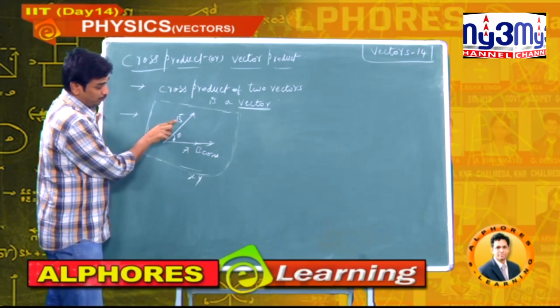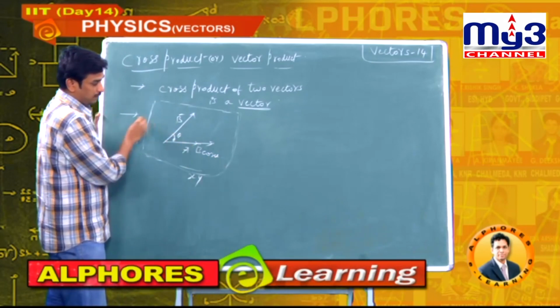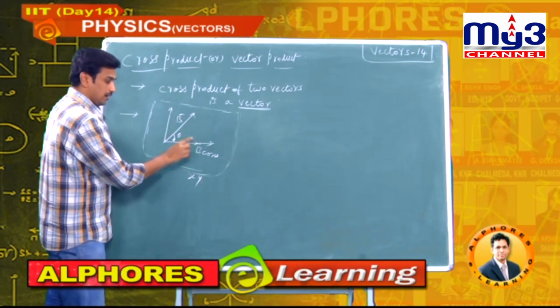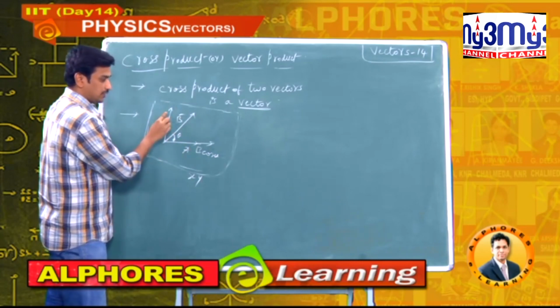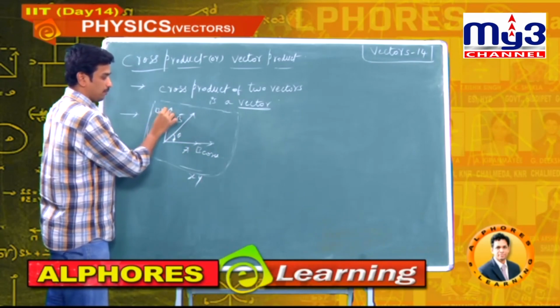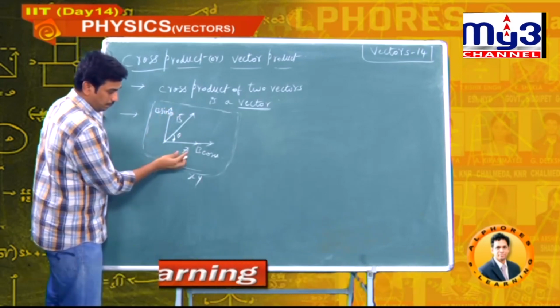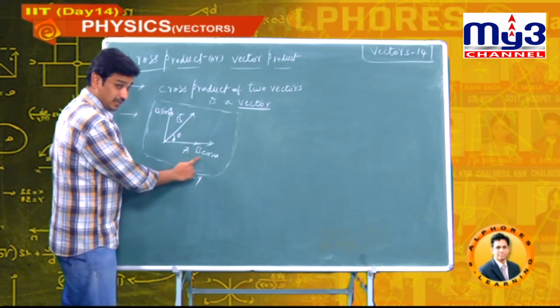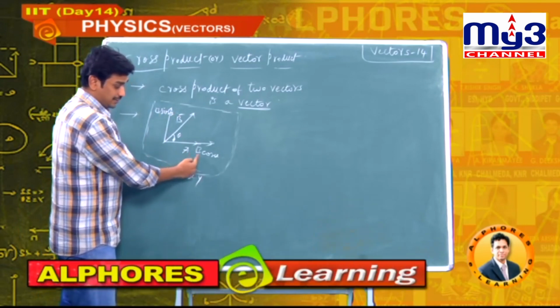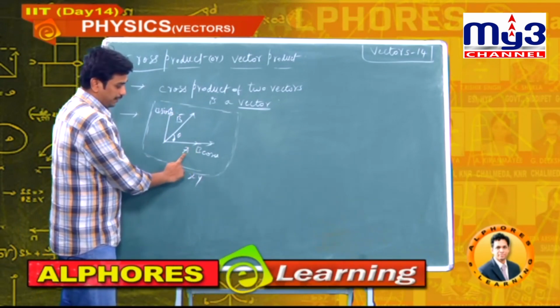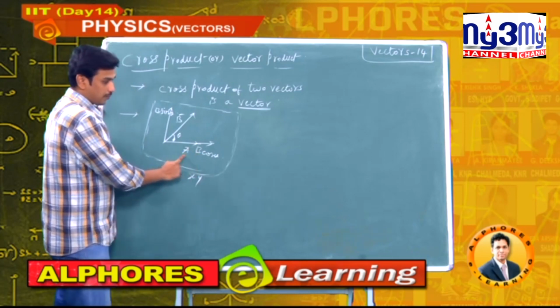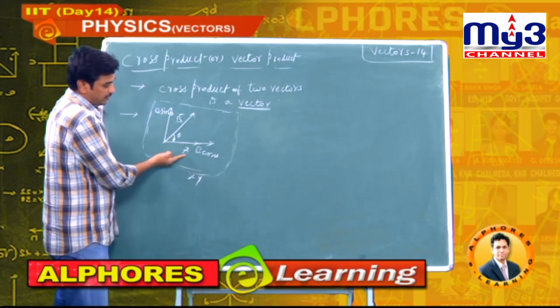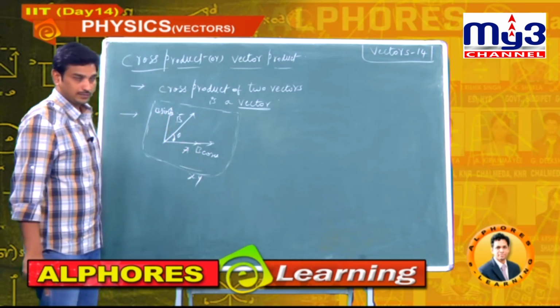Once again, the B component along this direction is B cos theta, the horizontal component, and the vertical component is B sin theta. Multiplication of these two is the scalar product, which we already solved in the last 3 classes. Multiplication of these two is the scalar product, and multiplication of these two is the vector product.